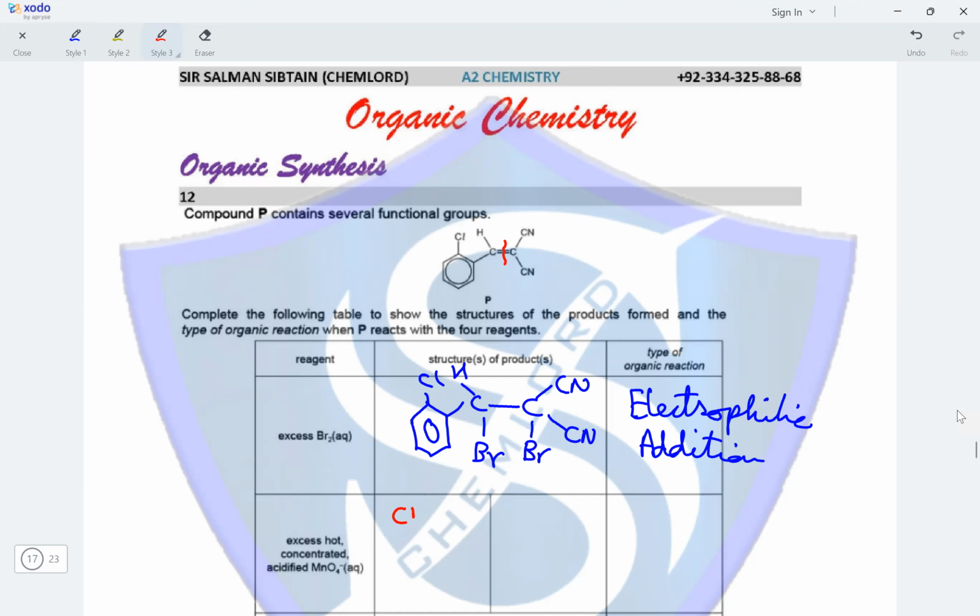One of them would be the benzene ring with chlorine on it, and a CH double bond O. This would be a ketone, and the other one would also be a ketone, but with the CN groups being converted into COOH groups, because we have hot concentrated acidified MnO4 minus. The acidified portion would result in the acid hydrolysis of the nitrile groups as well. And the type of reaction would be called oxidation.